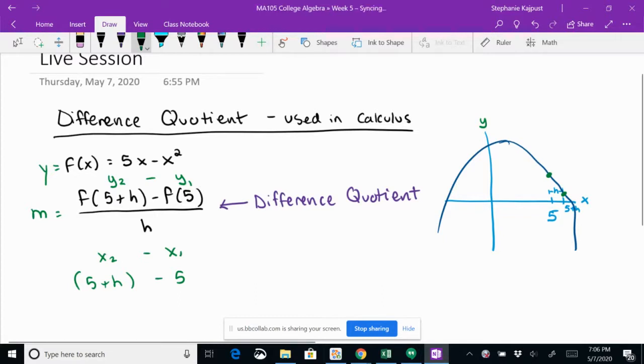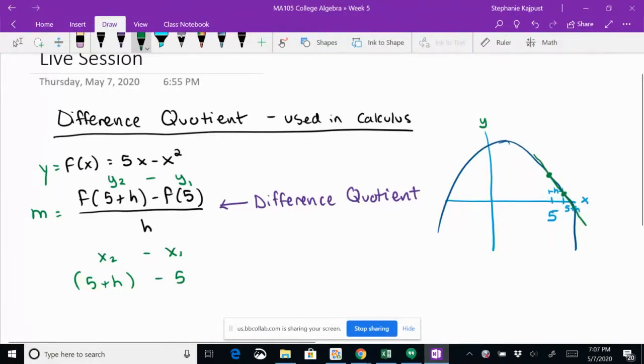So the difference quotient is actually just the slope formula between 2 points on something that's not a line. So because it's not a line, we don't call it the slope, we call it the difference quotient. You're just basically finding the slope between 2 points, and we're just approximating it by a line. So if I connected those 2 points, it's a really bad drawing, but you could make a line between those 2 points.